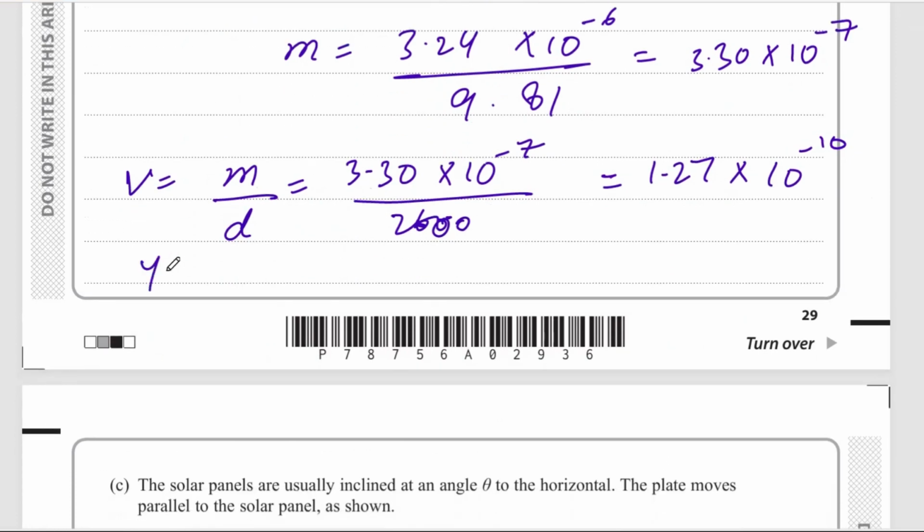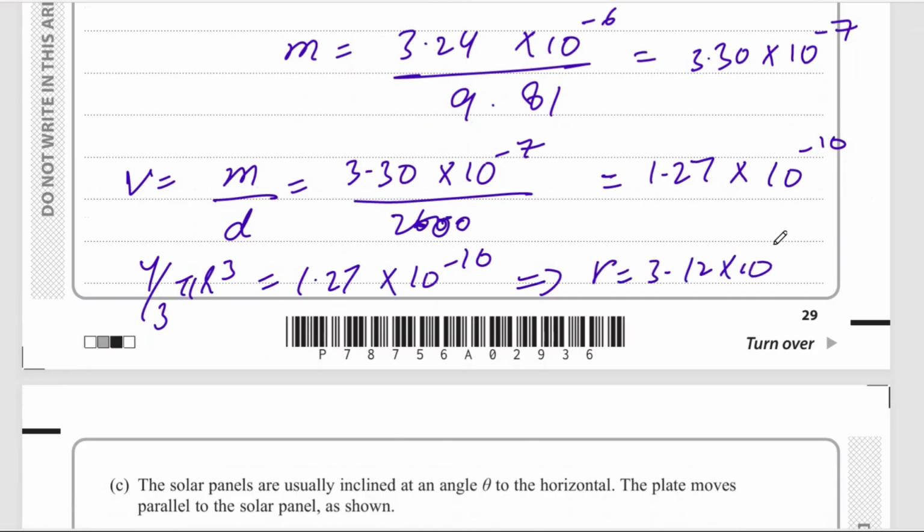So I'm going to plug in the formula for the volume, 4 by 3 pi r cubed, keeping it equal to 1.27 times 10 to the power of minus 10. And while solving it down, I'll have the final radius to be 3.12 times 10 to the power of minus 4. What does that mean? That the diameter, which I can get by multiplying by 2, would be 624 micrometers, right? That is the diameter that I would be having.